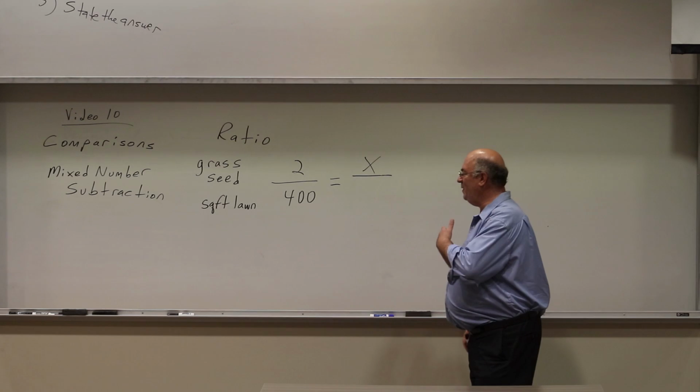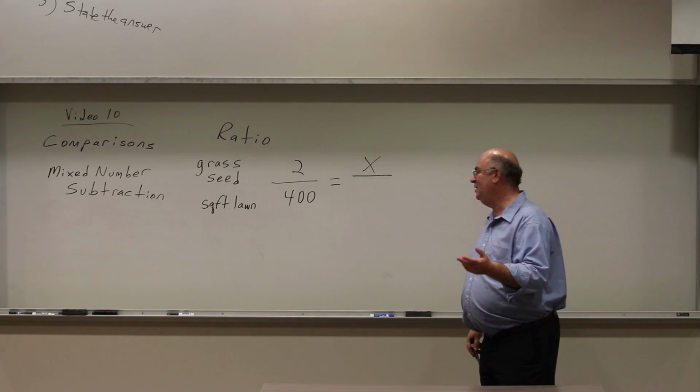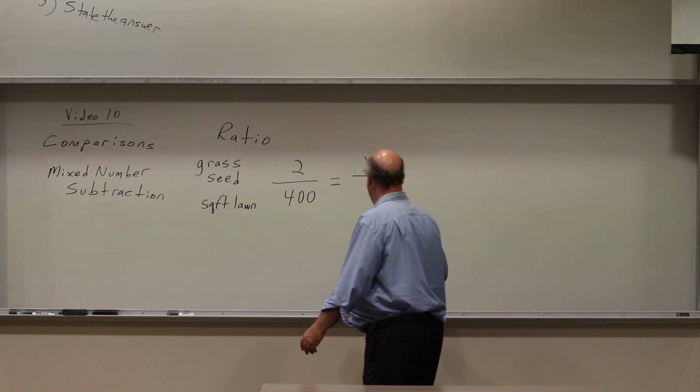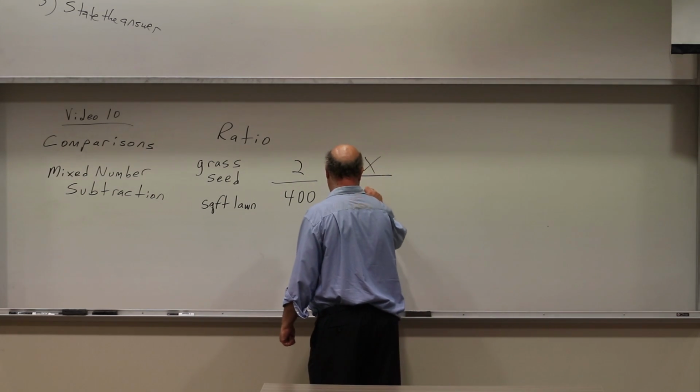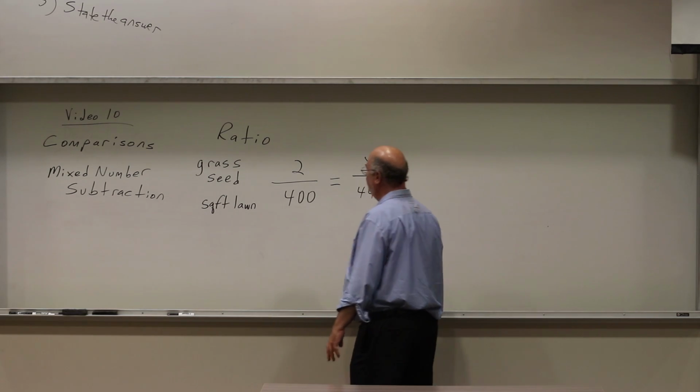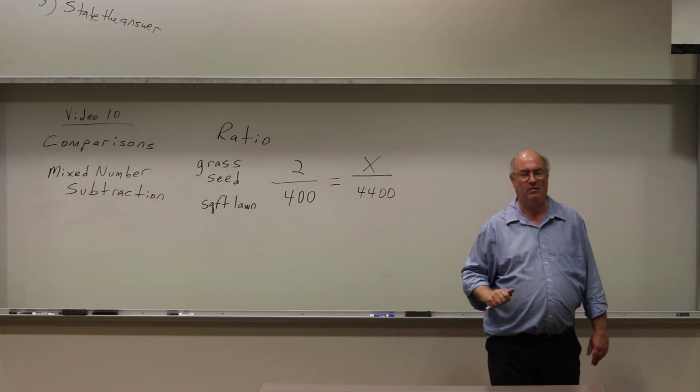And let's say the people move from one house with a backyard of 400 square feet, and then they get another house, and it has a backyard that's 4,400 square feet. So this is our comparison.